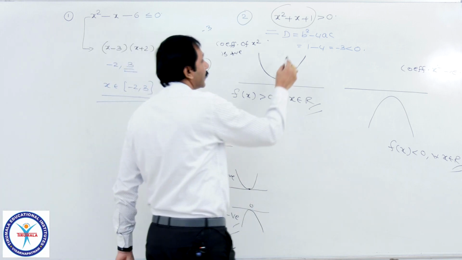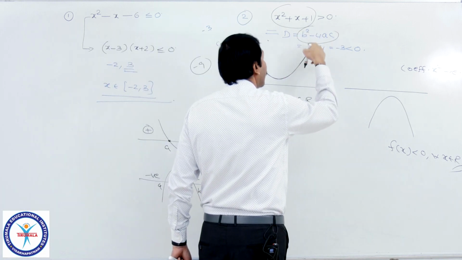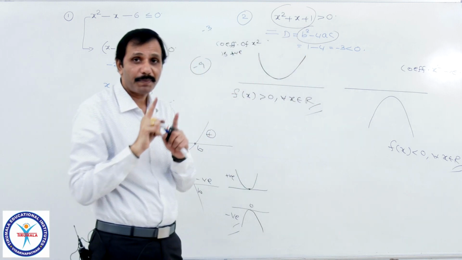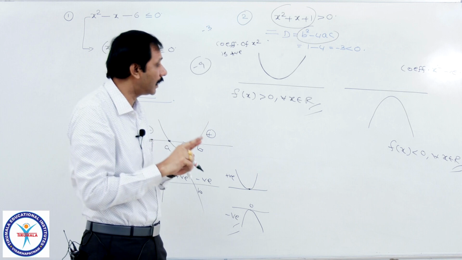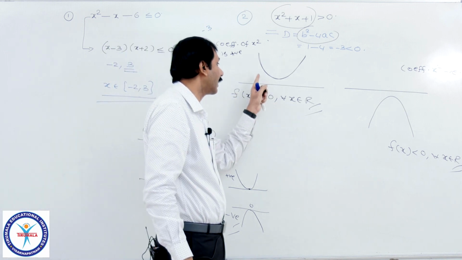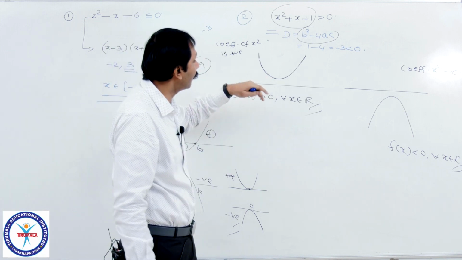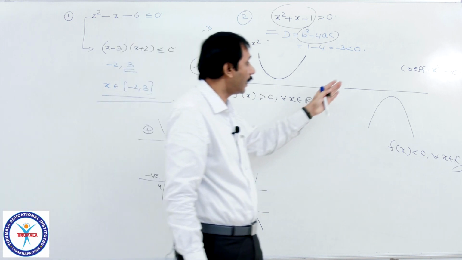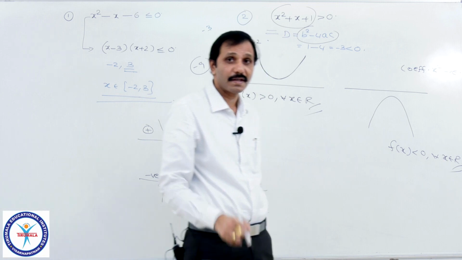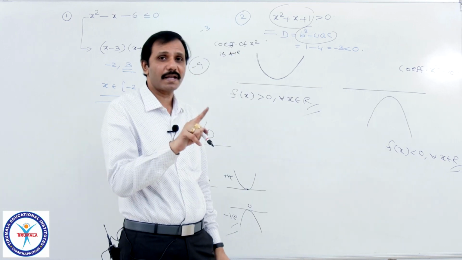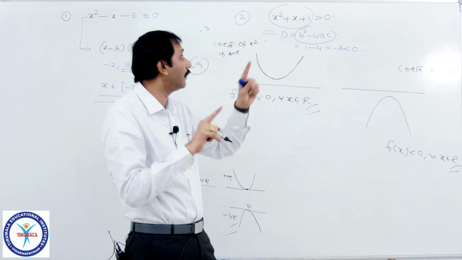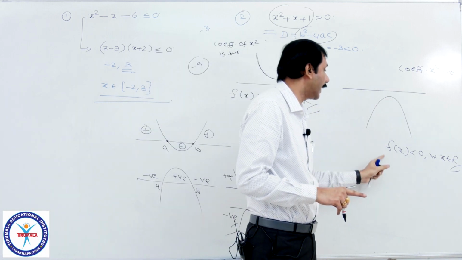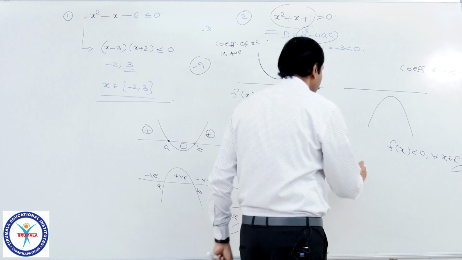You check whether the discriminant is positive or negative. Negative means it has complex roots. Complex roots means that the quadratic will never touch or cross the x-axis. Therefore, it lies completely either above the x-axis or completely below the x-axis. It lies above the x-axis only when the coefficient of x square is positive, and when the coefficient of x square is negative it lies below the x-axis.